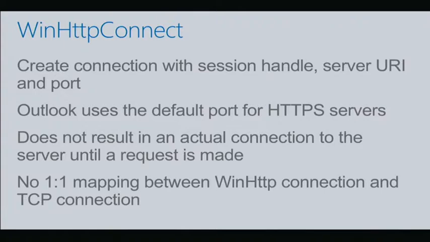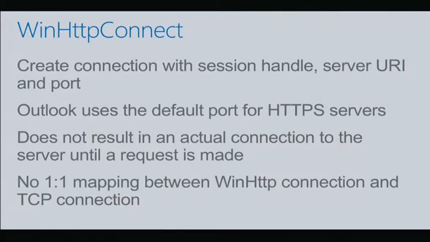Once we have a session, we need to create a connection, and that's done using the WinHTTP connect call. We pass it the session handle we got back from the WinHTTP open call, along with the server URI we want to talk to and the port. For secure communication, we specify the default port for HTTPS servers.